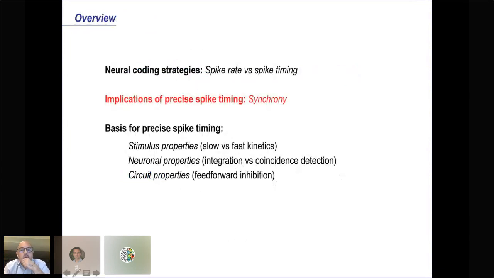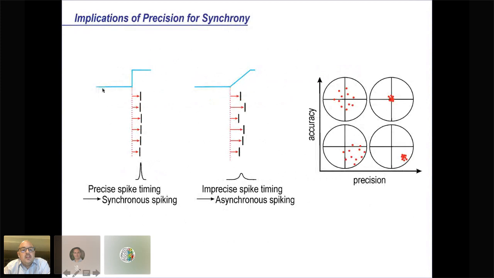So we're going to move on to the next part here, which is to ask, well, what are the implications of precise spike timing? So what I'm showing you here is that, okay, if you have a stimulus and it evokes a spike in multiple neurons, if the latency to that spike is fairly consistent, right, then all of those spikes are going to occur at more or less the same time.